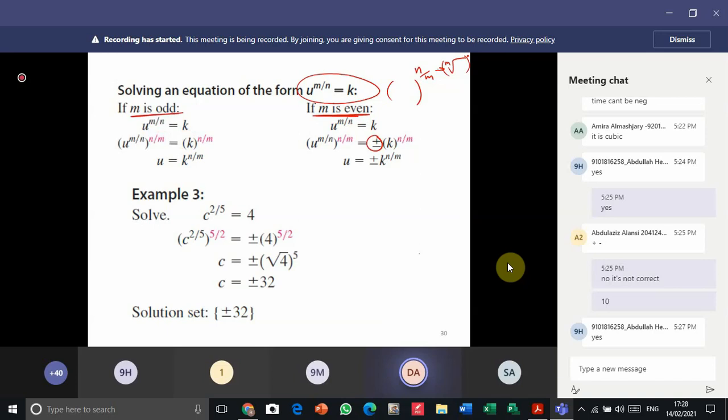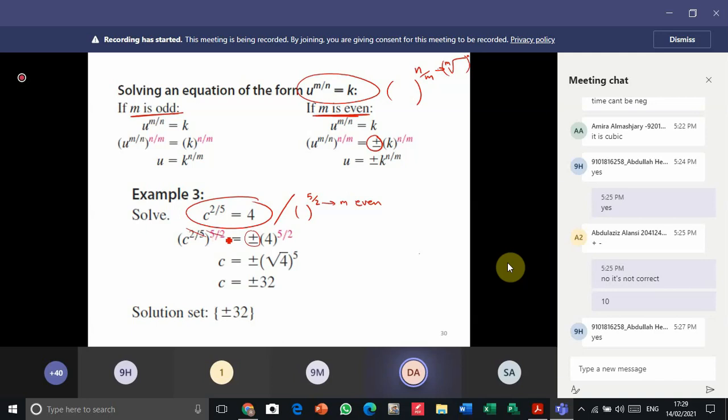Now, for example, we have this one. We must take for both sides 5 over 2, the reverse. This is 2 over 5, we take 5 over 2. But here the m is even. So we must put positive negative.